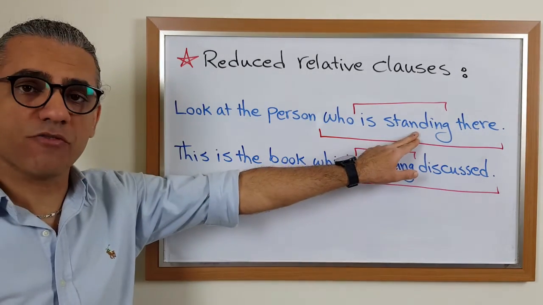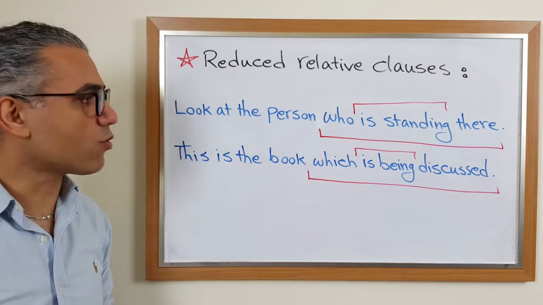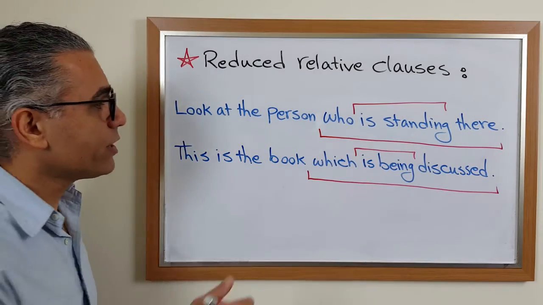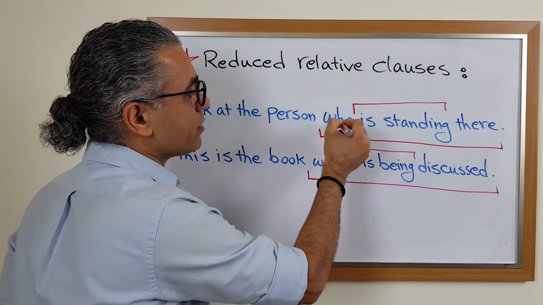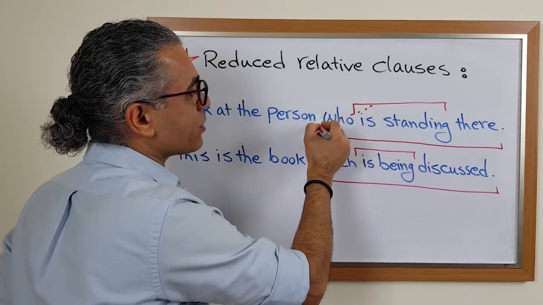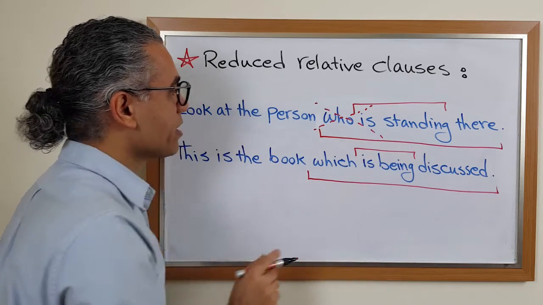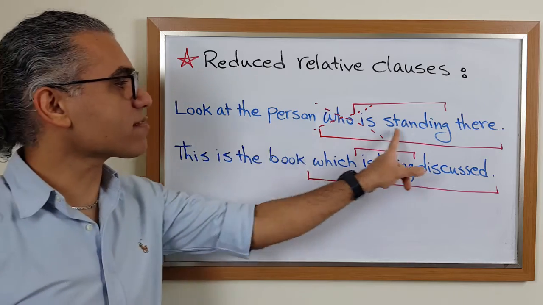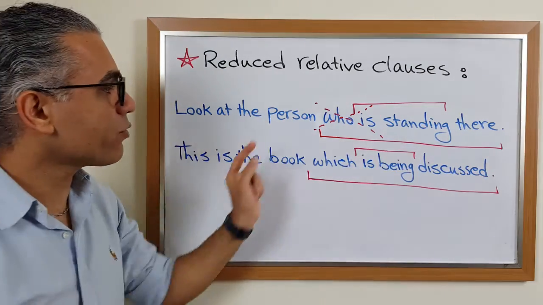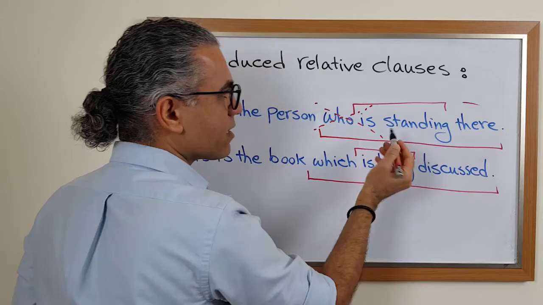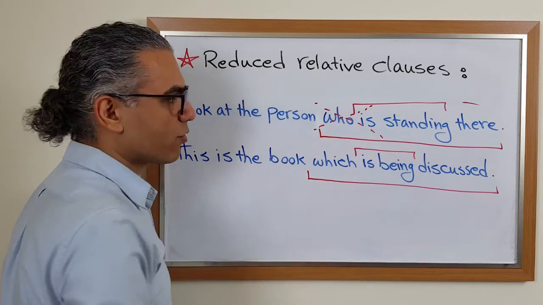Whenever you have an ing form in your relative clause, you can remove the relative pronoun and the to be verb altogether. It means this could be, look at the person standing there. We call this standing there a reduced relative clause.